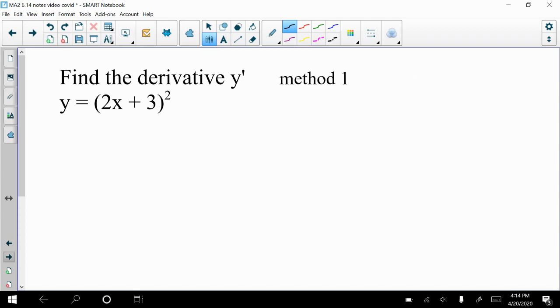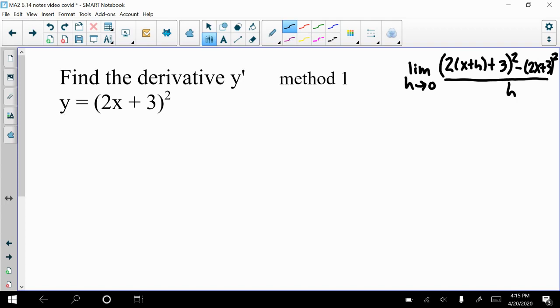I mean, there's always the formal definition, right? There's a limit as h goes to 0. So if I was going to do that on this one, I would say, okay, so then 2 times x plus h plus 3, quantity squared, minus 2x plus 3, quantity squared, over h.